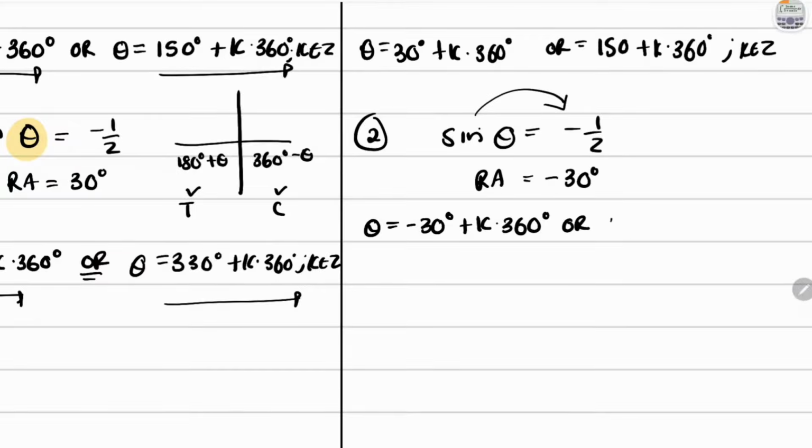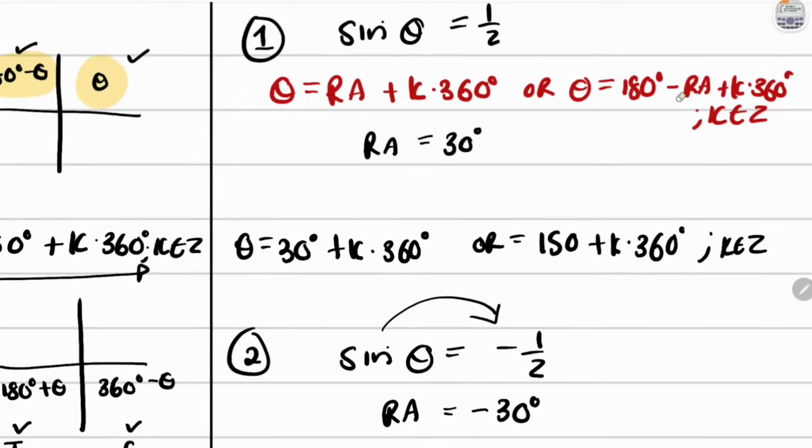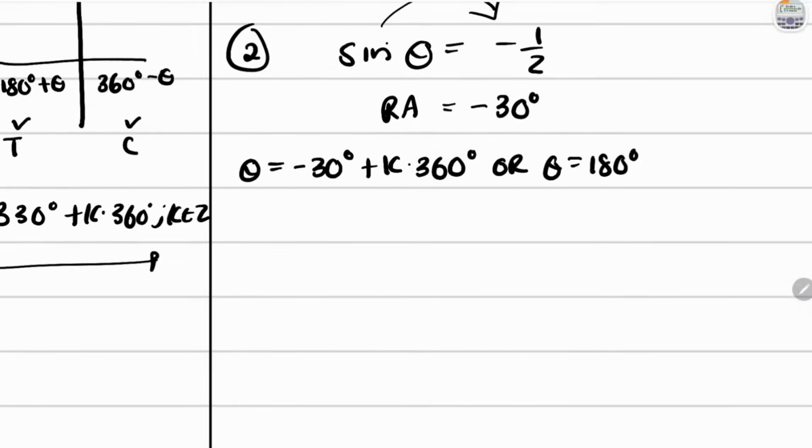Or theta is equal to, and the second solution, remember, was this 180 minus your reference angle. So we would say 180 degrees minus our reference angle, which is negative 30 degrees. And of course, if we distribute, that becomes a plus 30 degrees. 180 plus 30 is 210. So we'll have 210 degrees there, then plus k of 360 degrees. And of course, tell them that k is an element of integers.